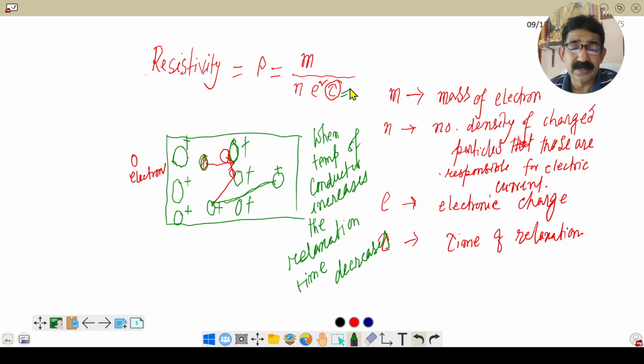When tau decreases, the value of resistivity increases. And due to the increase of resistivity with the increase of temperature, the resistance of the specimen also increases. And that is why we get a graph like this.